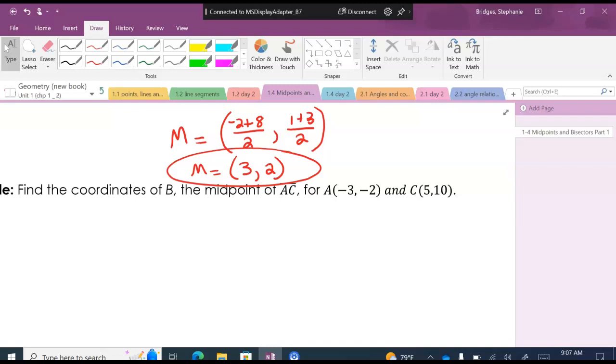Again, to stay organized, I would recommend label your first point as x1, y1. Label your second point as x2, y2. And then just plug it into your formula that's on your paper.